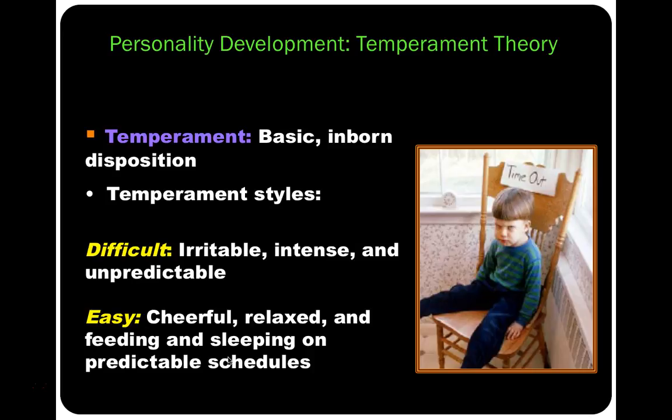Okay, let's talk about temperament. So temperament is this basic inborn disposition. It has to do with how we react to stress, how we react to different situations, how intense we are in many ways. And there are two major temperament styles: the difficult. So we see this in infants who come into the world irritable, intense, kind of unpredictable.